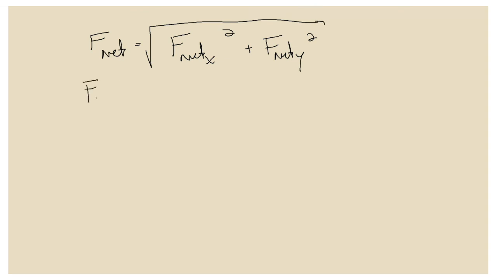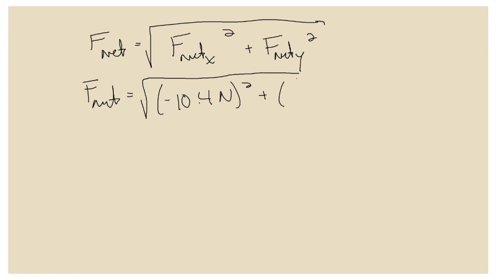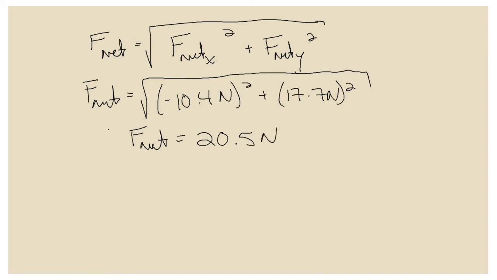And when we do this math and we plug in those numbers, we get F net is equal to the square root of negative 10.4 newtons squared plus 17.7 newtons squared. We make sure all that's under the radical. And when you do that math and make sure you square and you square root, you should get a resultant of 20.5 newtons.